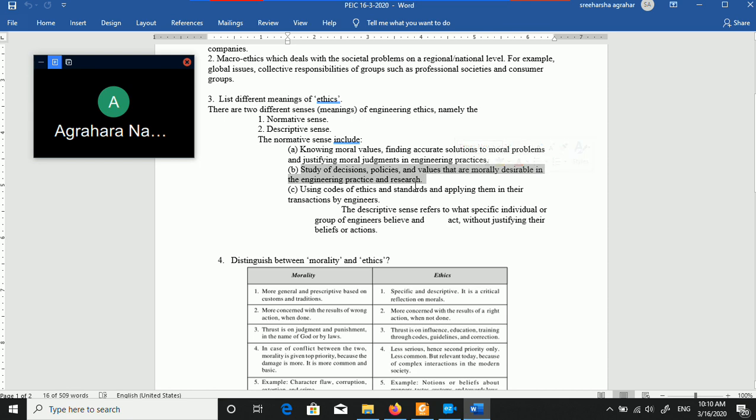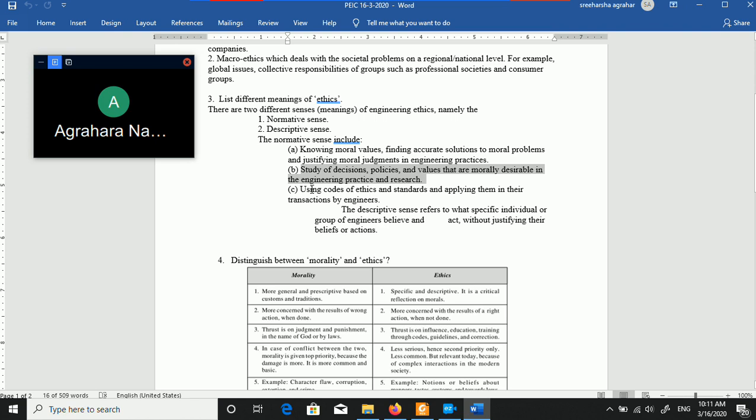Here, maybe some case studies are there, so we need to update ourselves to understand what exactly is the correct action, the ethically correct action, whenever we take a decision when we are doing some engineering project.